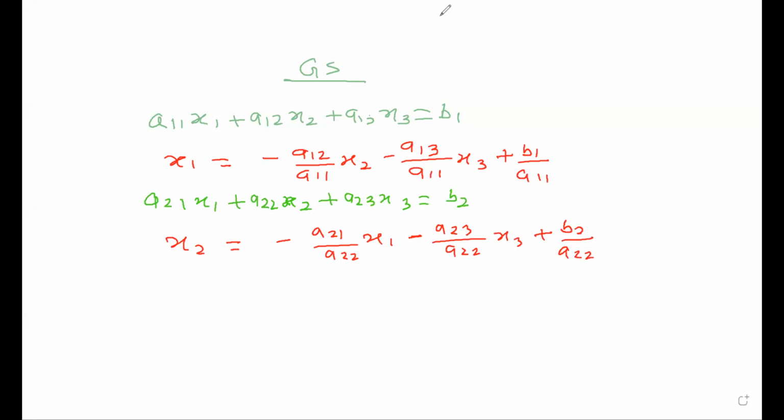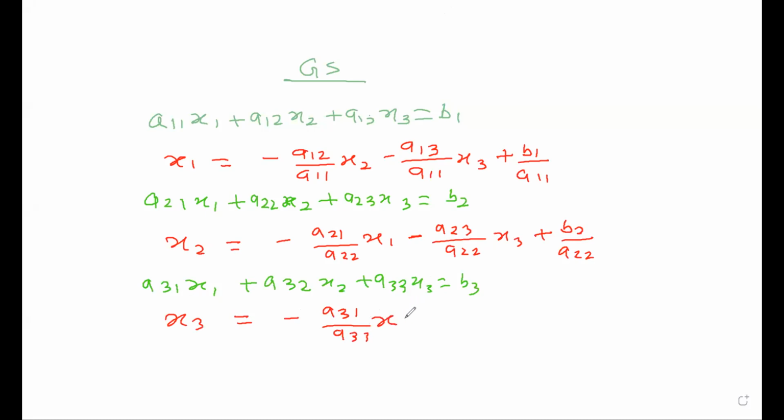Is it okay? Yes, sir. Then our third equation is A31 x1 plus A32 x2 plus A33 x3 is equal to B3. We solve for x3: x3 is equal to minus A31 divided by A33 x1 minus A32 divided by A33 x2 plus B3 divided by A33.